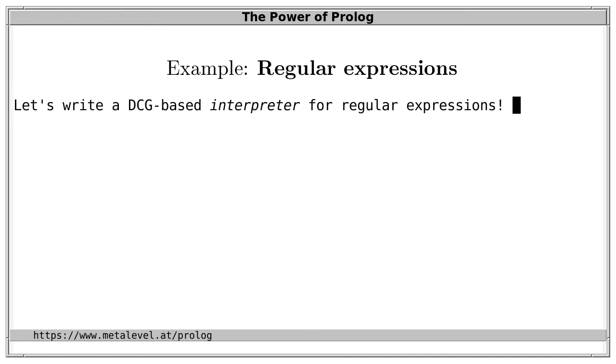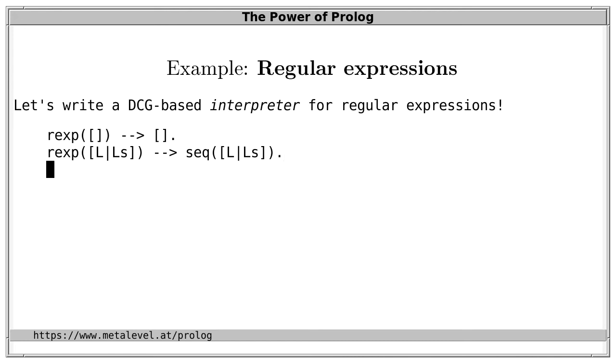And of course, we want a nice way to write regular expressions. So let's implement an interpreter for regular expressions. For instance, let's use the empty list to denote the empty sequence. And let's denote with a literal string, a list of characters, the sequence of these characters. Then let's use star of R to denote the Kleene star.